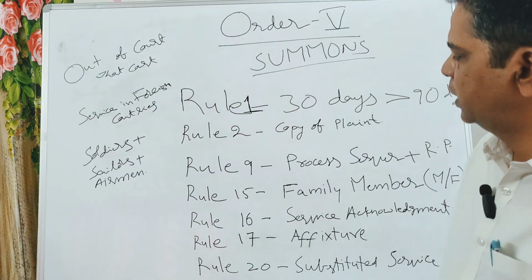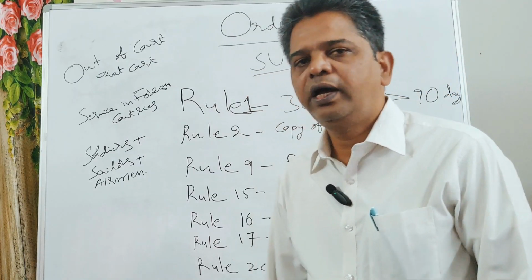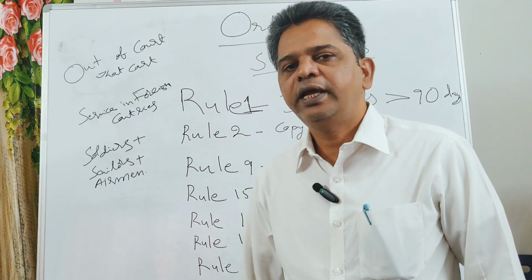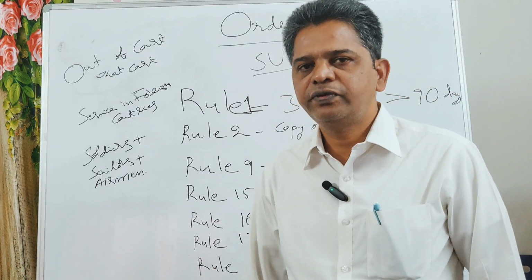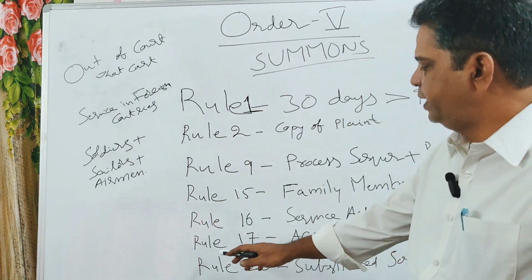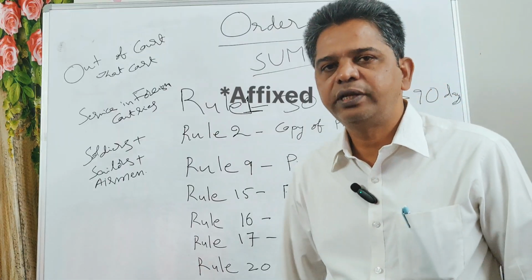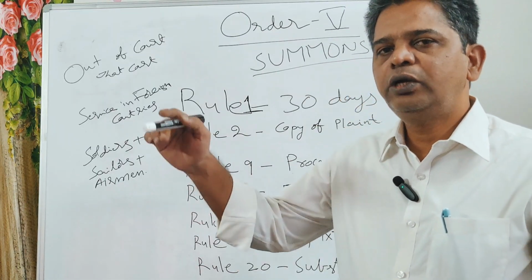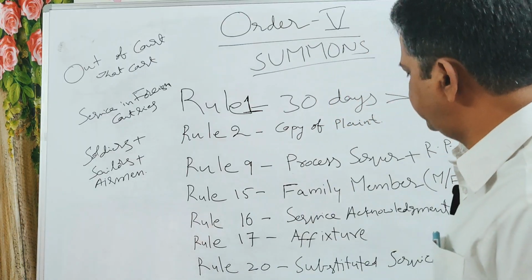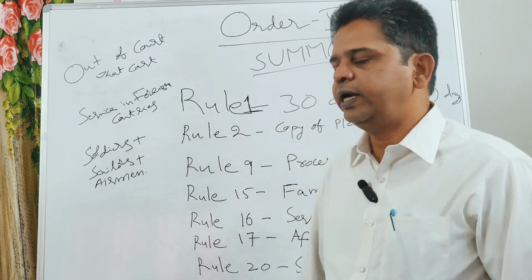If the defendant is not found, or he has no family members, or no agent appointed for service of summons, then Rule 17 says that such summons shall be fixed on the outer door or some conspicuous spot of the house where the defendant is known to have last resided.